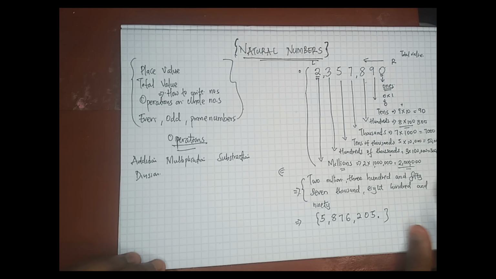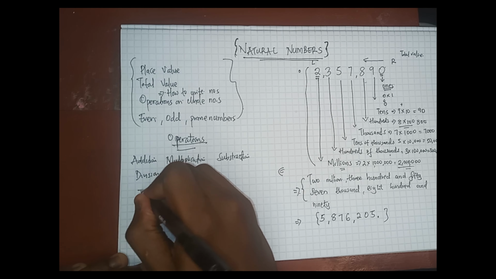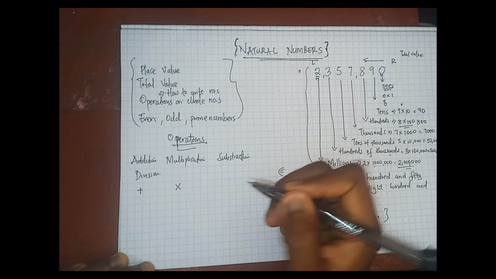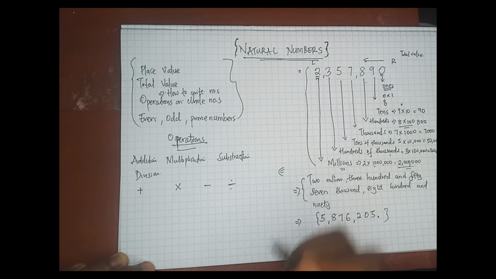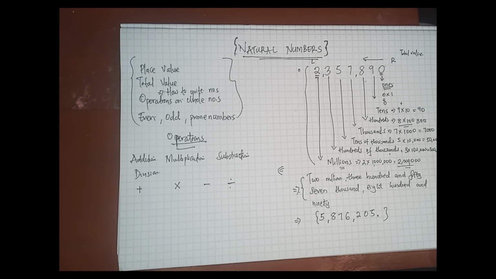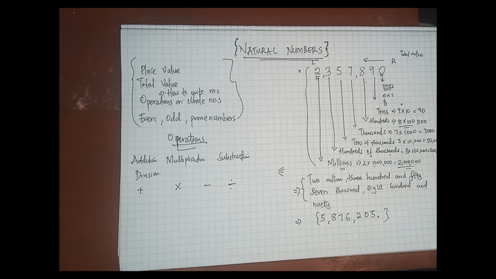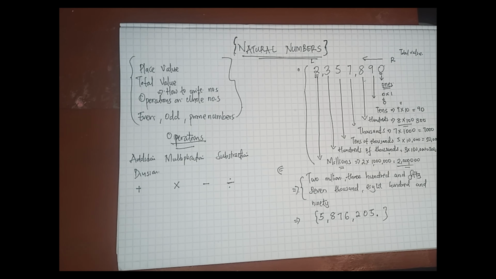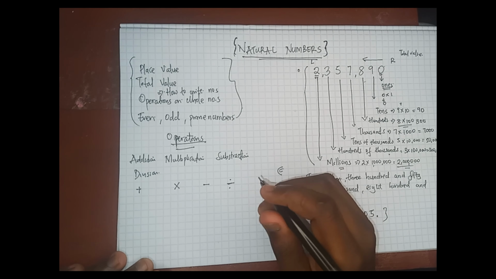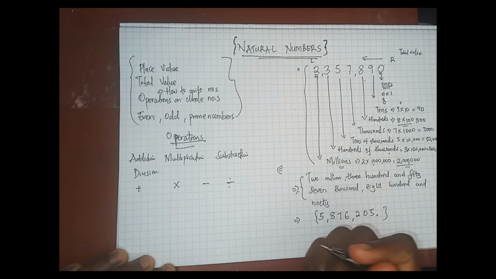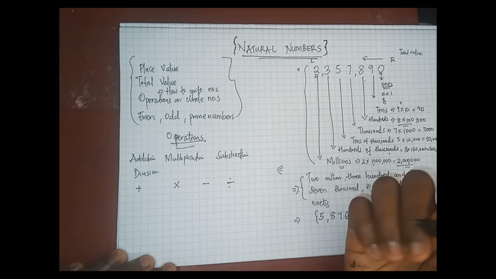In that order, the signs are, that is for addition, multiplication, subtraction, and division. Okay. So hii ni kitu mnajua. So from there, let us do a few examples. So basically this is just a recap ya primary school mathematics.